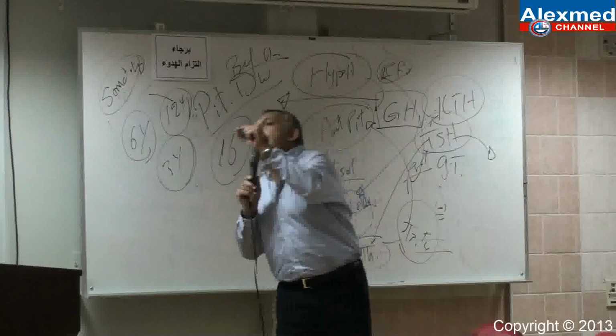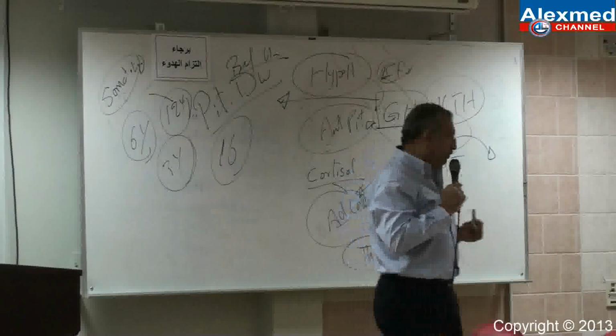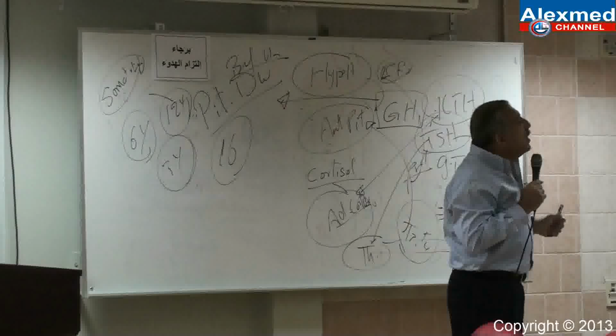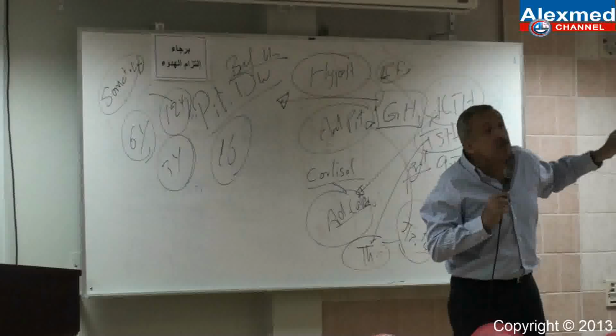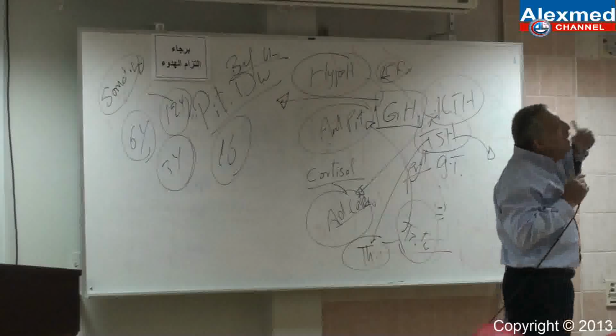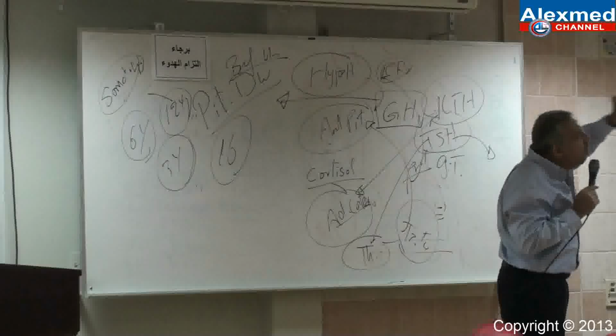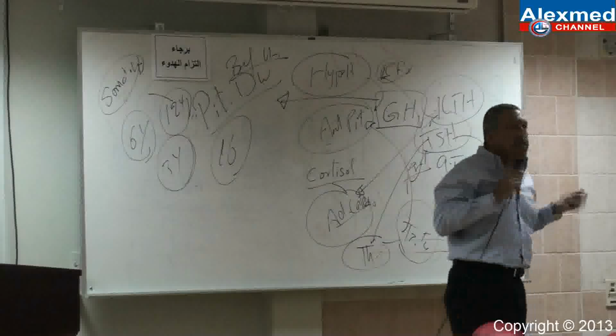Without it, there will be atrophy, failure of the gland to exist. Thirdly, it's concerned only with the adrenal cortex and not adrenal medulla. So I can deduce all this information from the name, adrenocorticotrophic hormone. Very easy.